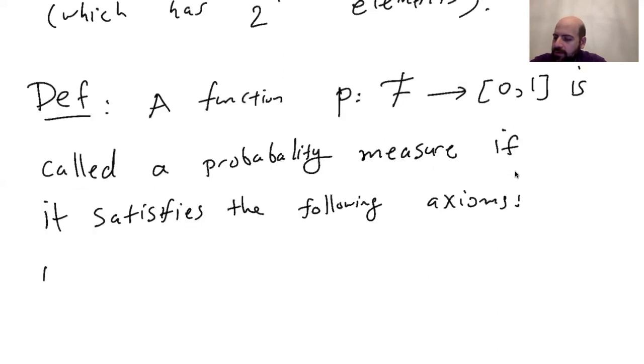We want to define a function, called a probability measure, that assigns to each event a number between 0 and 1. That number measures the likelihood of occurrence of that event. If it's 1, that means it certainly happens. If it's 0, it's impossible to happen.